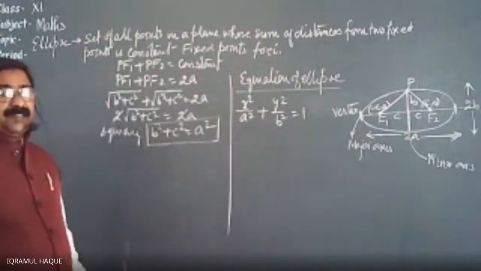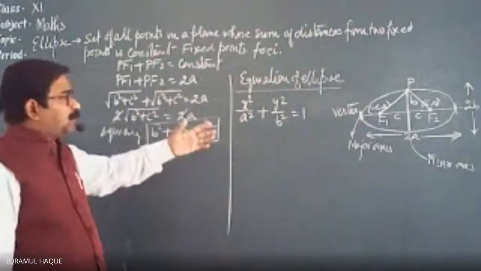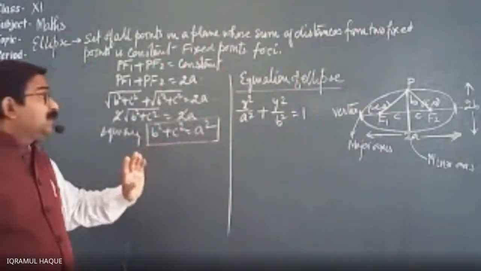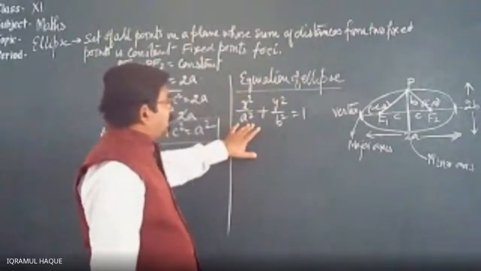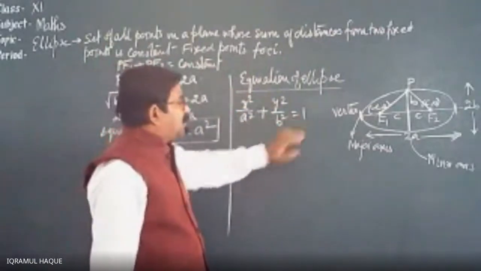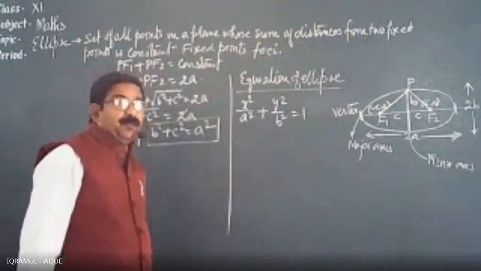Since we don't have sufficient time to establish the formula, it is not so important. So I am writing the formula: x square upon a square plus y square upon b square is equal to 1. This is a standard formula.